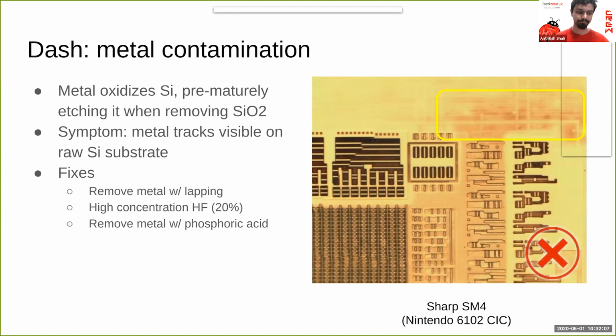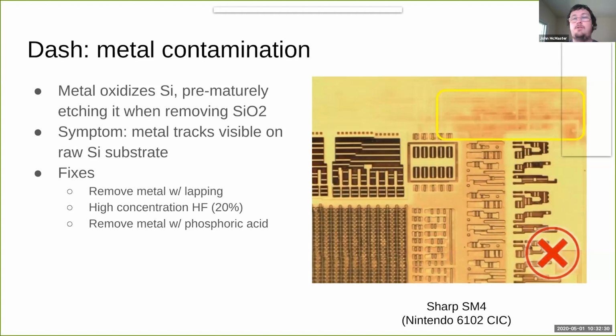Yep. So another option, if you don't have polishing machines or you can't get these very high concentration hydrofluoric acids, which is quite dangerous even if you can get it, is that as you're etching through these layers to get towards the bottom of the chip, you can use phosphoric acid and etch out the metal from the top layers of the chip.